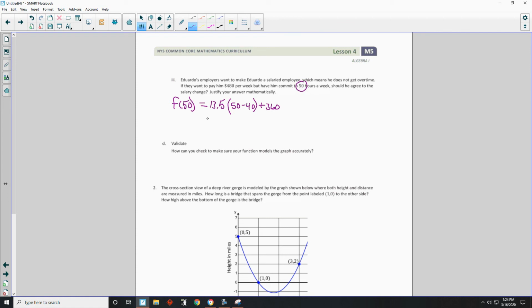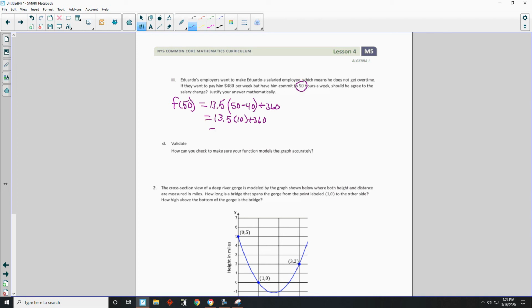Okay, so what will that give us? Well, that's going to equal 13.5. Let me just clean that up. Put the decimal in the wrong place. 13.5. And now 50 minus 40 is 10. So times 10 plus 360.